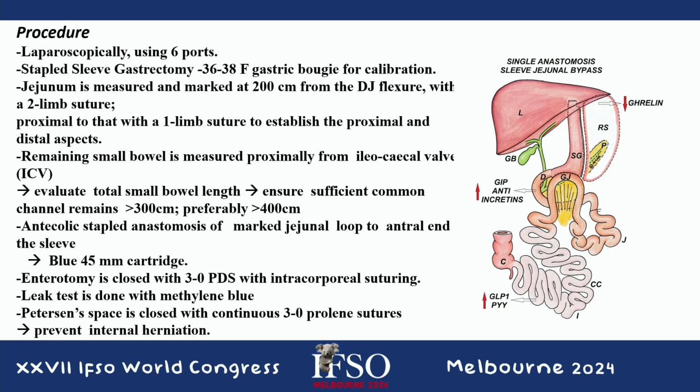And if there was a stenosis, then it acts just like a sleeve, and you lose all the metabolic effects. So we decided we'd maintain, just like an MGB, 45 millimeter firing. Enterotomy is closed with PDS, and a leak test is always done with methylene blue. And the Peterson space is closed always with a continuous 3-0 Prolene suture.